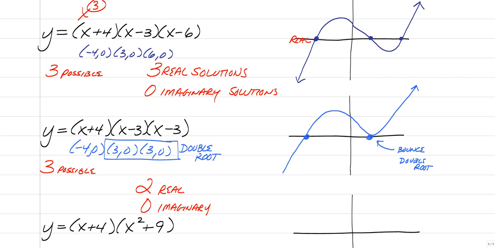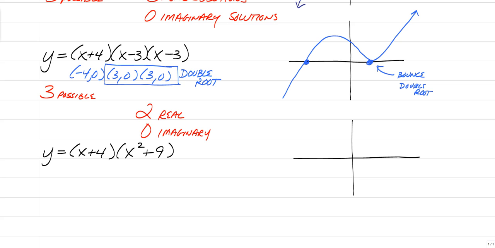Now, when does an imaginary solution come into play if we're talking about an x to the 3rd power? That would be an example like this. We would know this is negative 4, 0, and if we were to solve this, we would have plus or minus 3i, 0. Which means 2 of our solutions are imaginary. We can see that. Here's a real number, and here are 2 imaginary numbers because of the plus or minus.